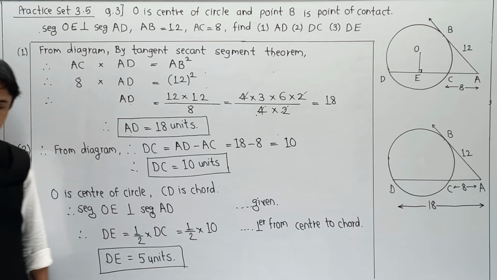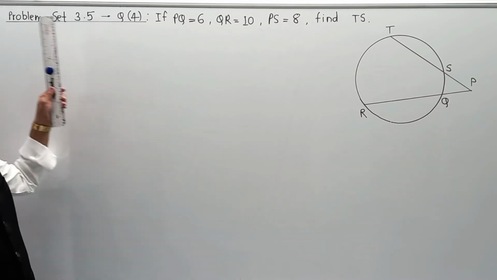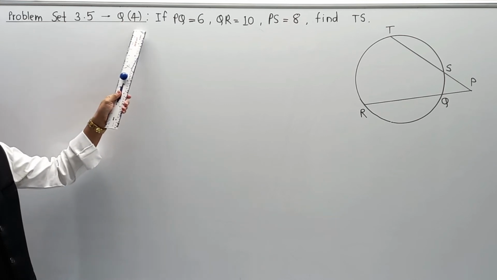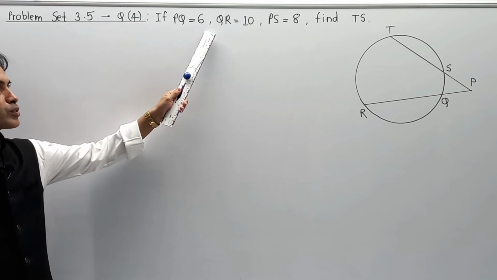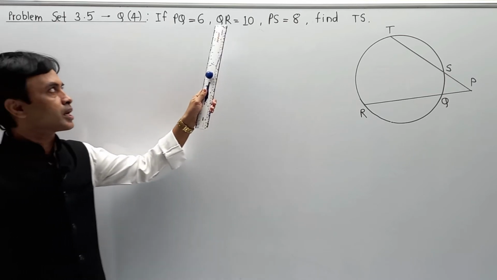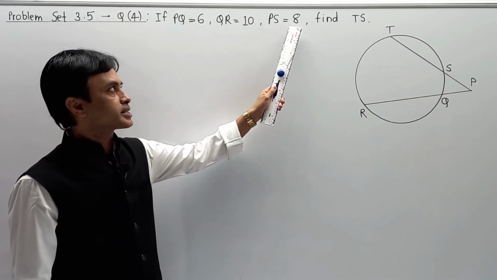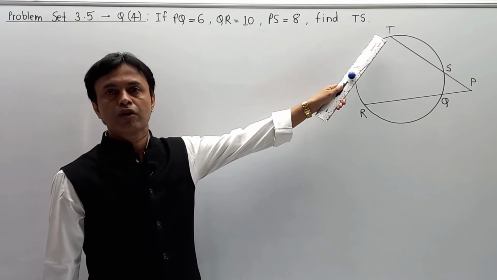Hello friends, continuing with the last part. Now we are in problem set 3.5, question number 4, and the question is: if PQ is equal to 6, QR is equal to 10, and PS is equal to 8, then find the value of TS.